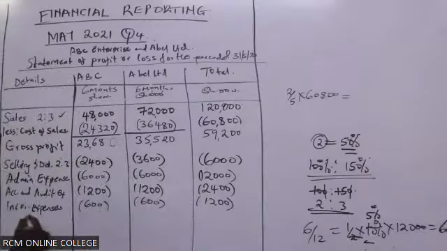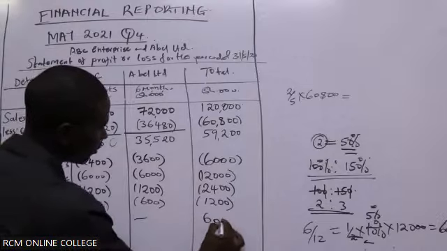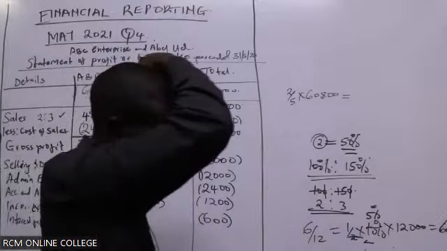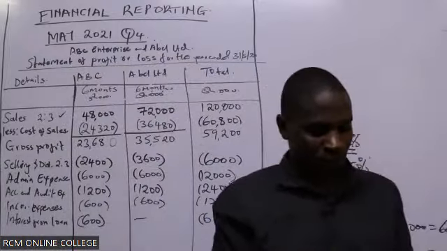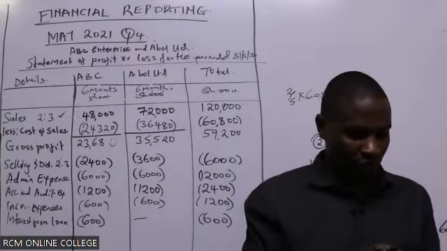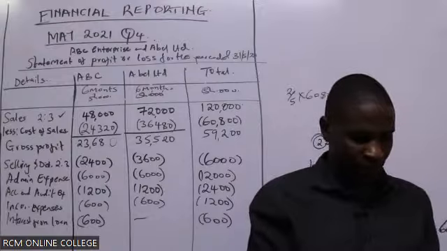So this 600 is interest from the loan. It will be 600. In the company, there is no place where they overlap. So we proceed. Any other expense that you can see?